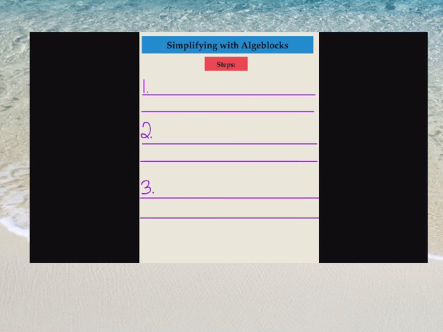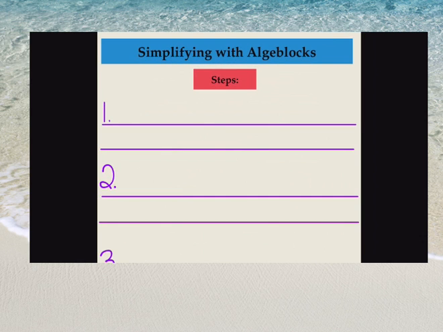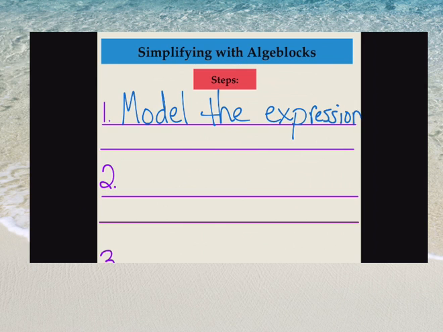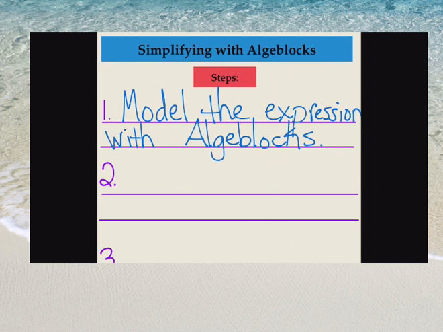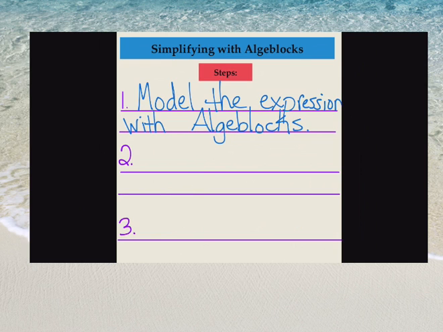Okay? The first step when you're simplifying with algeblocks is to model the expression with algeblocks. The next thing that we're going to be doing after we model the expression is combining like blocks, or in other words, like terms.